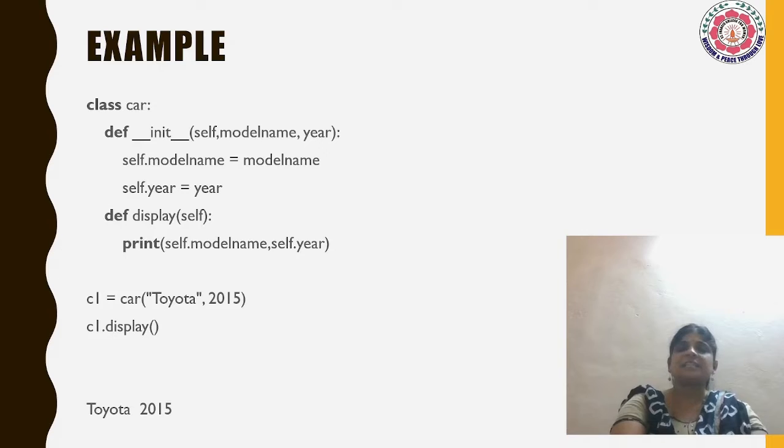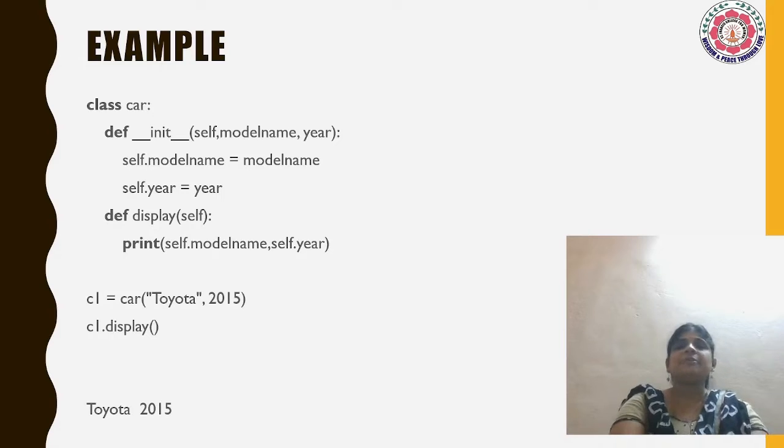After you create this class, you create an object for this class. The name of the object is C1, you say Car, and you pass the values of the variables declared in the class. Here I am passing Toyota and 2015, and then I am calling the method display. So my output would be Toyota and 2015, whatever values I passed.